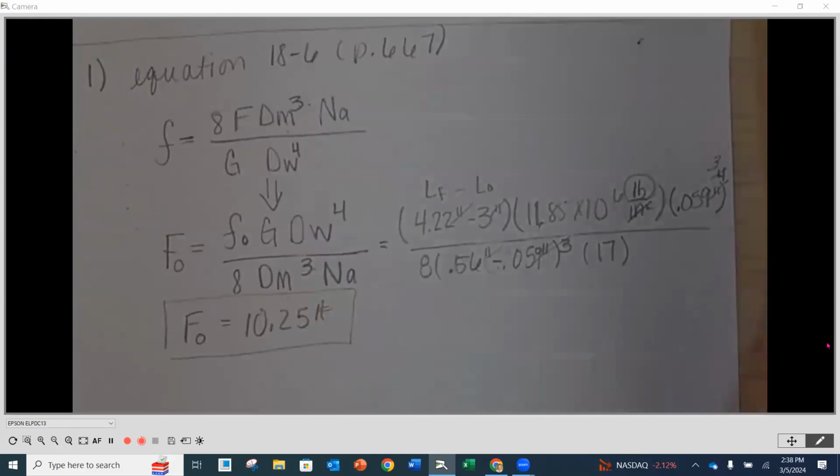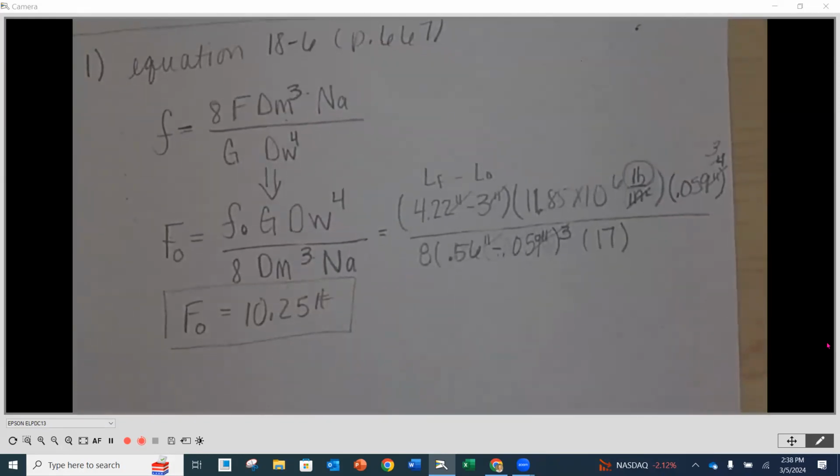Yeah, I know I did it earlier. So now this is my force operating. That was the first part of problem number 9. I'm now going to use that force operating to determine what my operating shear stress is going to be.